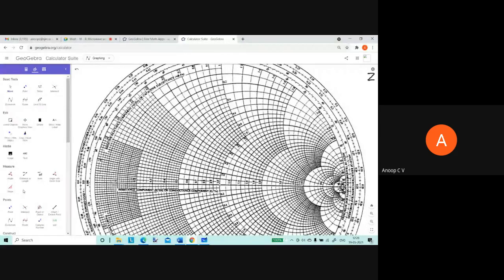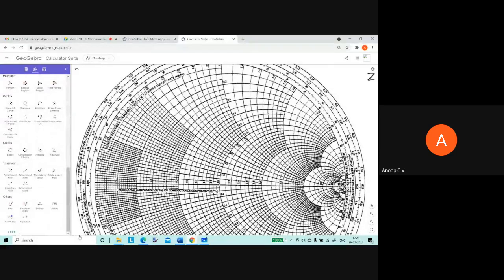So what we know in Smith chart is that we have constant R circles and constant X circles. Now if you see this point, the extreme left point of Smith chart, that is the short circuit point, and the extreme right point is the open circuit point.